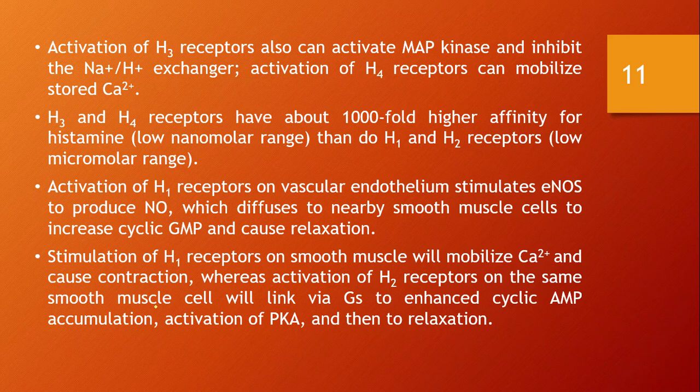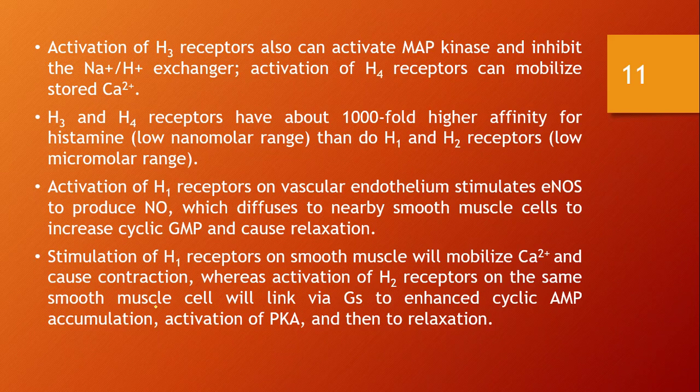Okay, so activation of an H1 receptor on vascular endothelium stimulates the eNOS, and thus it causes production of nitric oxide, and this nitric oxide diffuses to nearby tissue, muscle cells, to increase the cyclic GMP, and thus it causes relaxation.